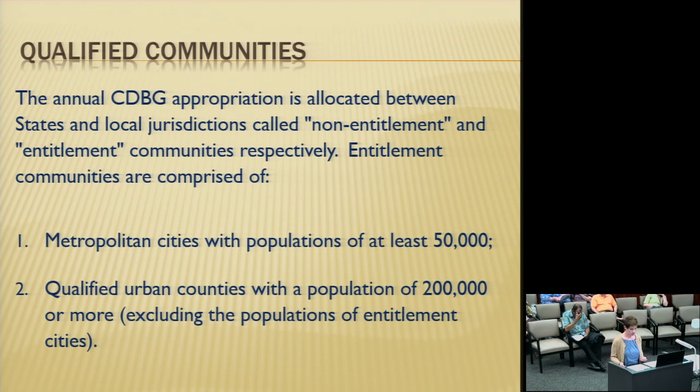The annual CDBG appropriation is allocated between states and local jurisdictions called non-entitlement and entitlement communities. Entitlement communities are comprised of metropolitan cities with a population of at least 50,000, and qualified urban counties with a population of approximately 200,000 or more.